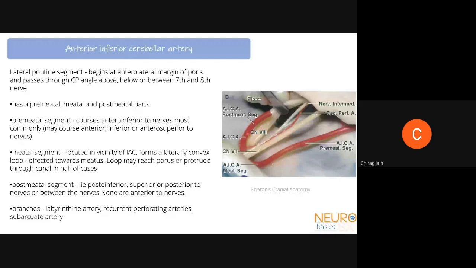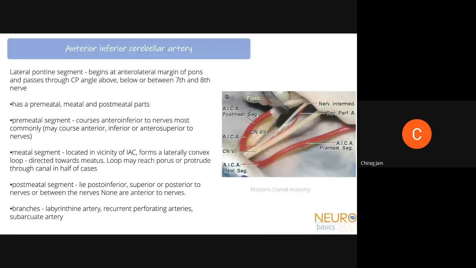The pre-meatal segment is most likely going to be located anterior-inferior to the nerves. The meatal segment is going to be quite close to the IAC, and it will form a loop usually. This loop can touch the porus over here, sometimes can even go into the canal, and that happens in about half of cases. Then following is the post-meatal segment, and in the post-meatal segment, the artery will usually be lying posterior-inferior, superior or posterior to the nerves.